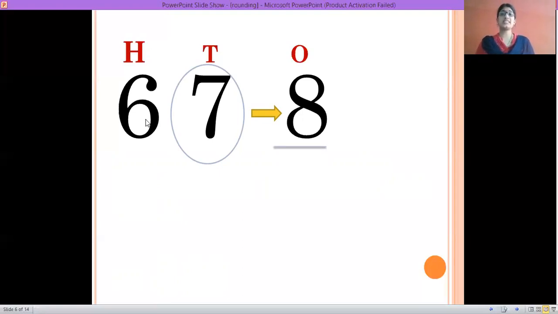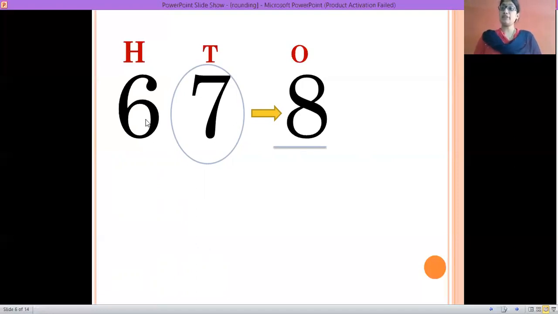Now, tell me, children, is this less than 5, 5, or more than 5? 8 is more than 5. In the previous slide, we have seen if it is less than 5, we are not changing our rounding digit. Only we are changing the right side digit of our rounding digit, and we are replacing it with 0. Yes?